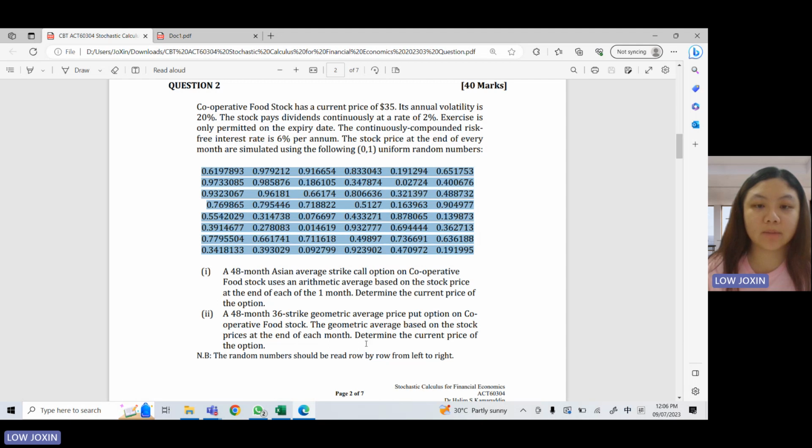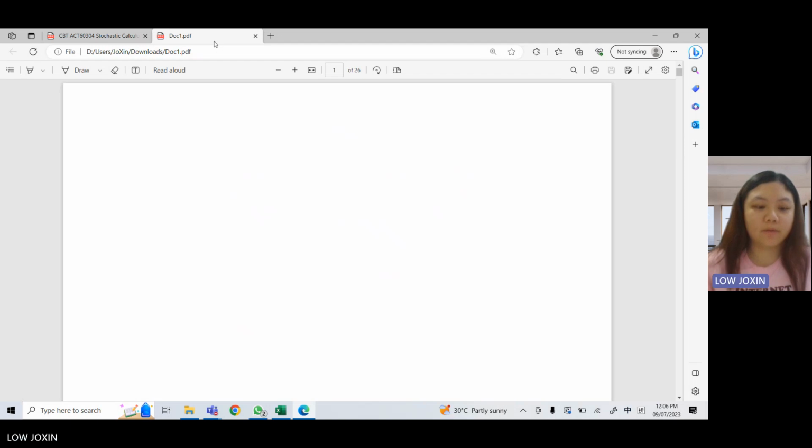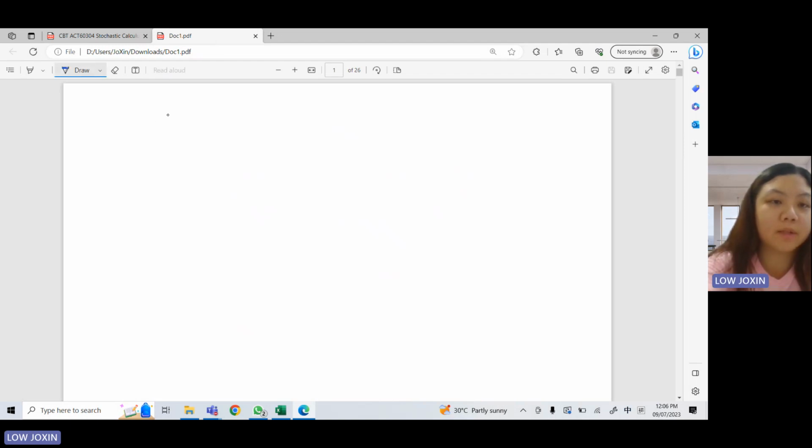generate the simulated stock price with this formula.